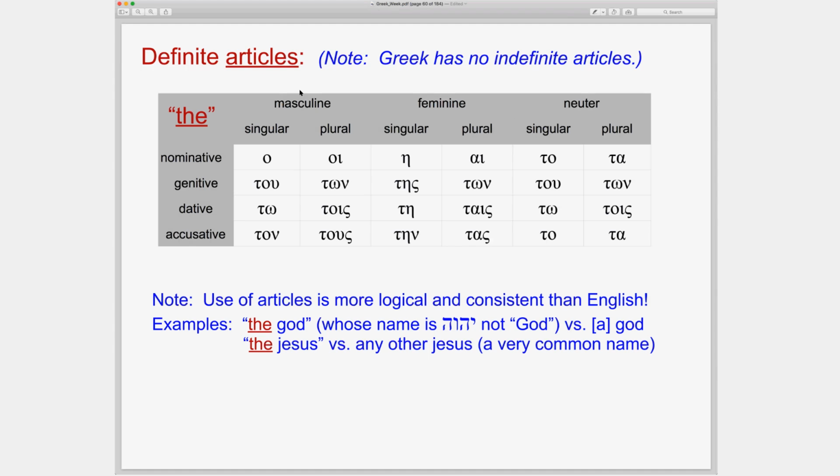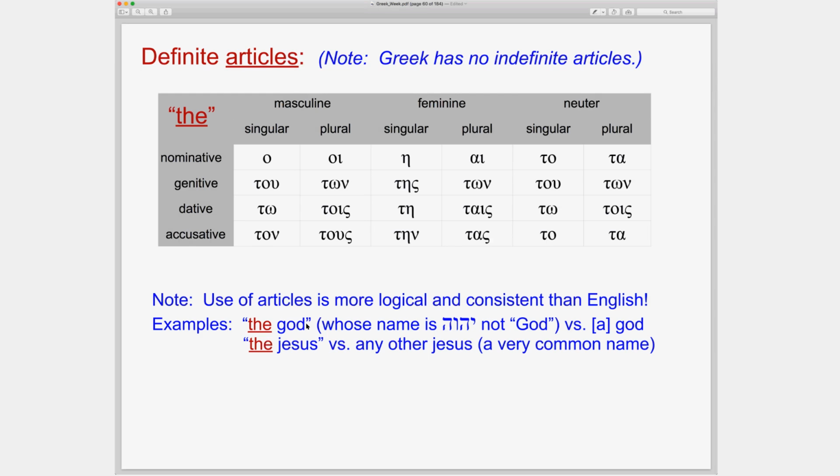And now it can be masculine, feminine, or neuter, singular or plural, nominative, genitive, dative, or accusative. 3 times 2 times 4. And it would be made to match the noun that the article and adjective modifies.